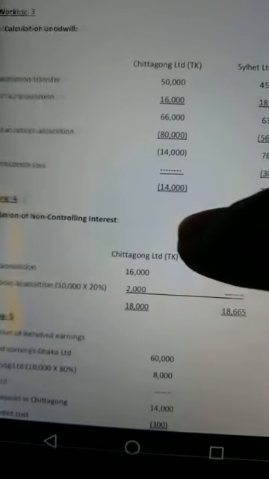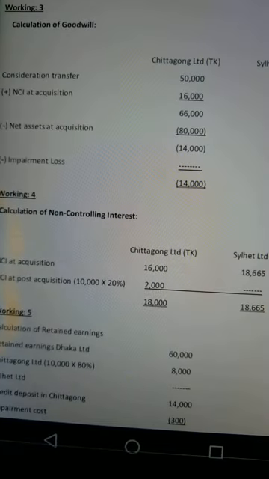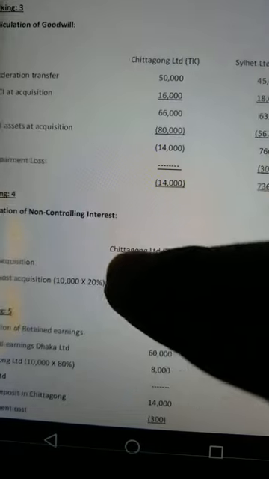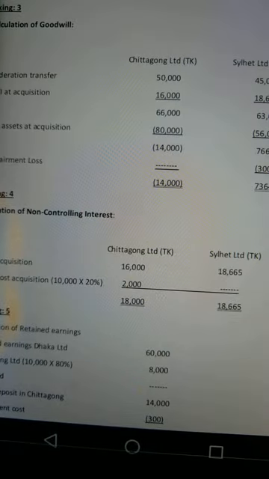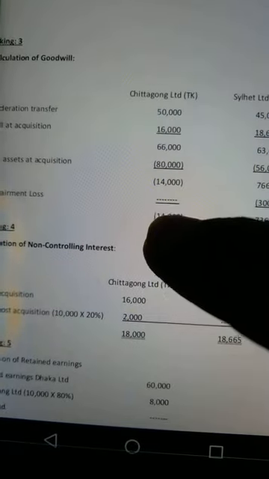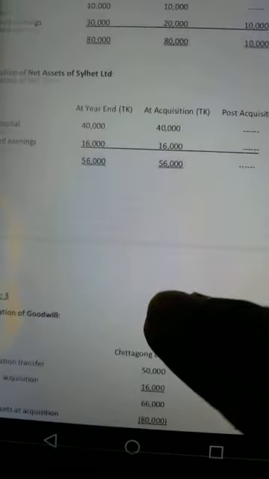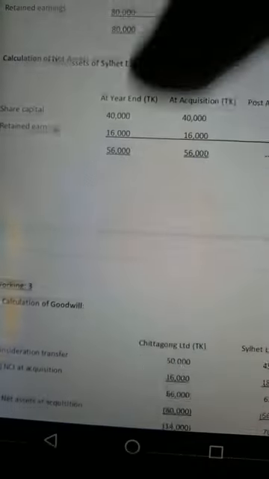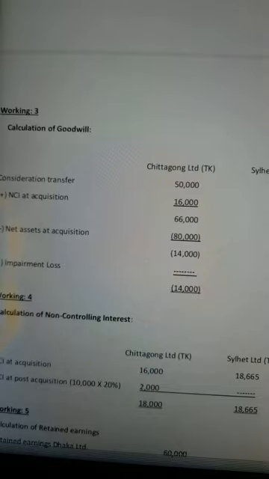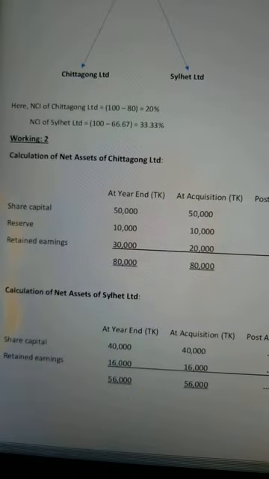Then we need to add the NCI at acquisition, which we have already calculated, 16,000 and 18,665, where we have calculated the percentage. As you can see at the very beginning, 20% was calculated for Chittagong Limited, and 33.33% for Sylhet Limited.